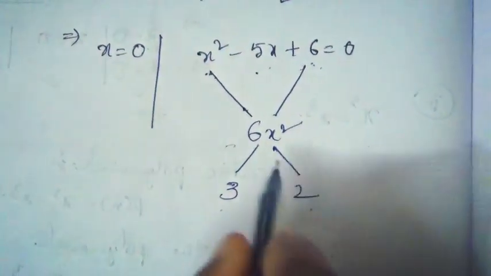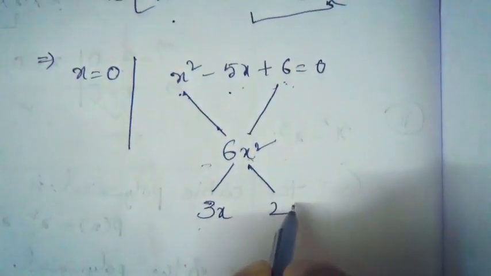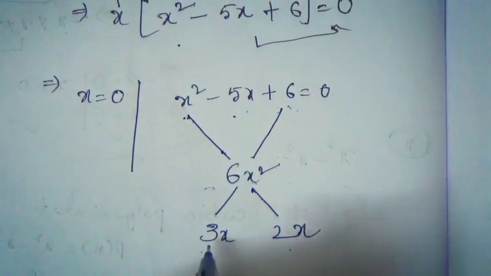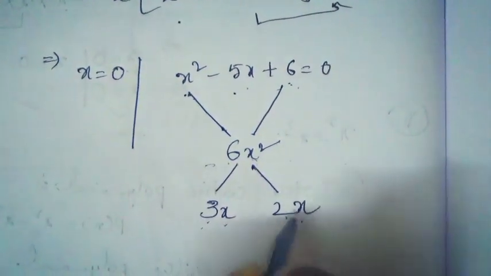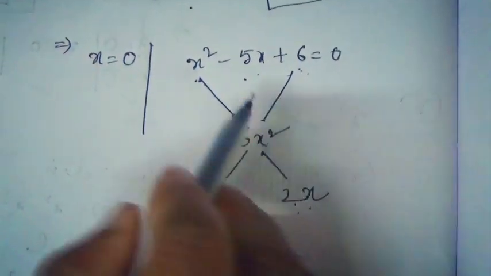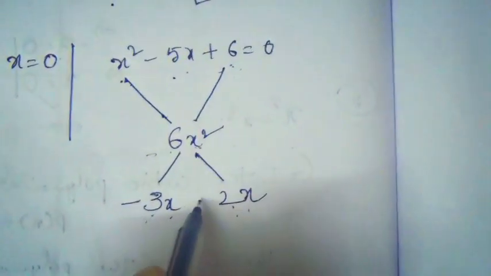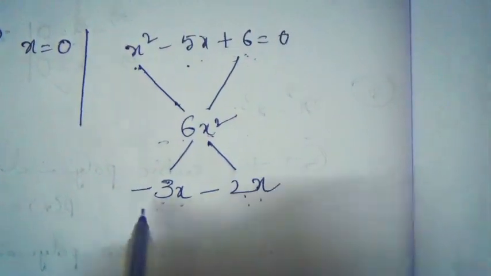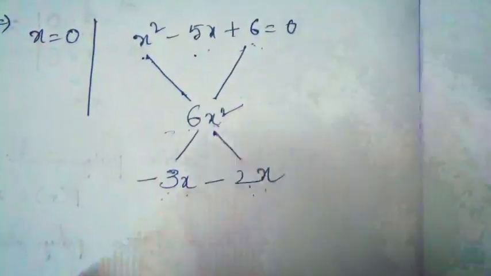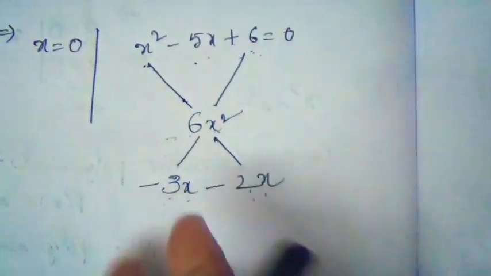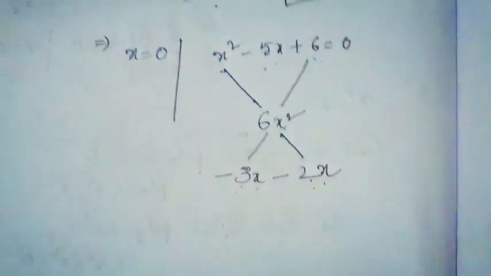3 2s are 6. x square I also want here, so x into x. But we have minus 5 here, right? So I want to take two negatives, that is minus 3x minus 2x. These two are negative terms, but we have to add.